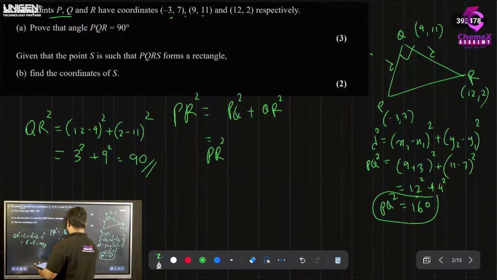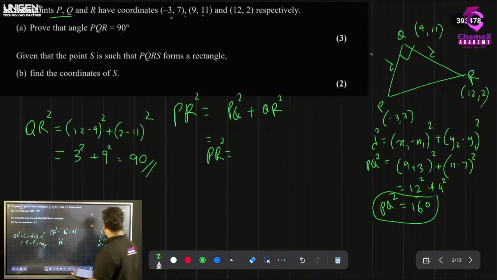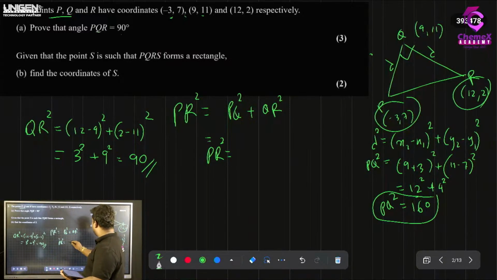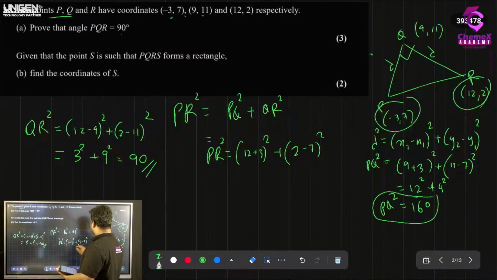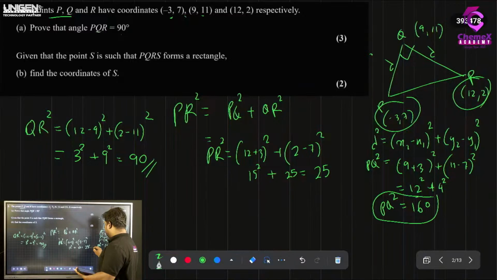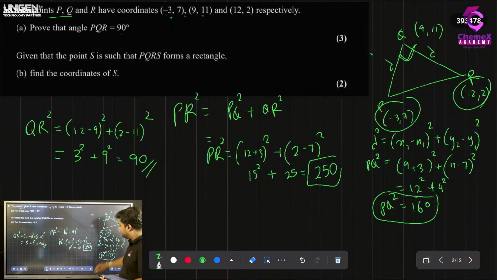PR squared. I'm just going to find it from the coordinates first. So 12 plus 3 squared plus 2 minus 7 squared. So it's going to be 15 squared, 225, plus 25. So the answer is 250. Now I'm trying to figure out whether this is 90 degrees. If it is, PQ squared plus QR squared should be equal to 250.